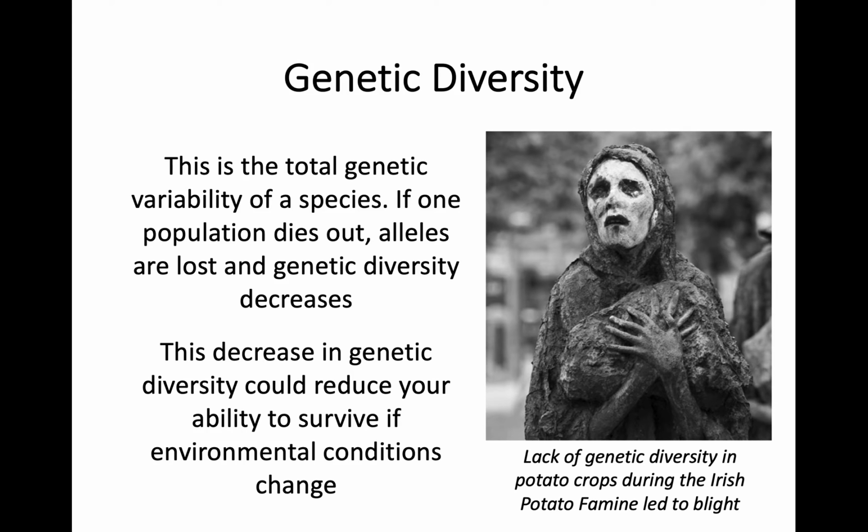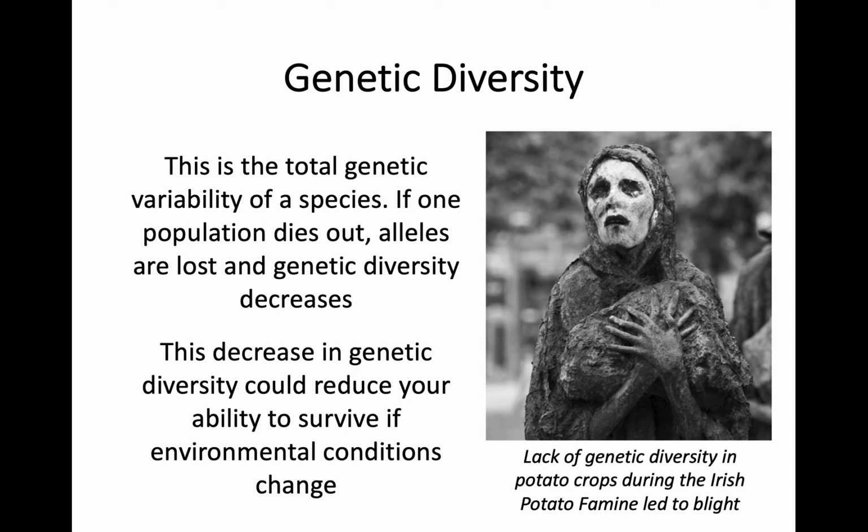So, for example, blight could have affected some fields with poor genes, but there may have been other potato fields with a stronger mix of genes which wouldn't have been affected by the blight. Because there was a lack of genetic diversity across the potato crops in general, it meant that the entire potato crop actually just totally failed, which caused mass starvation, mass deaths, and emigration.